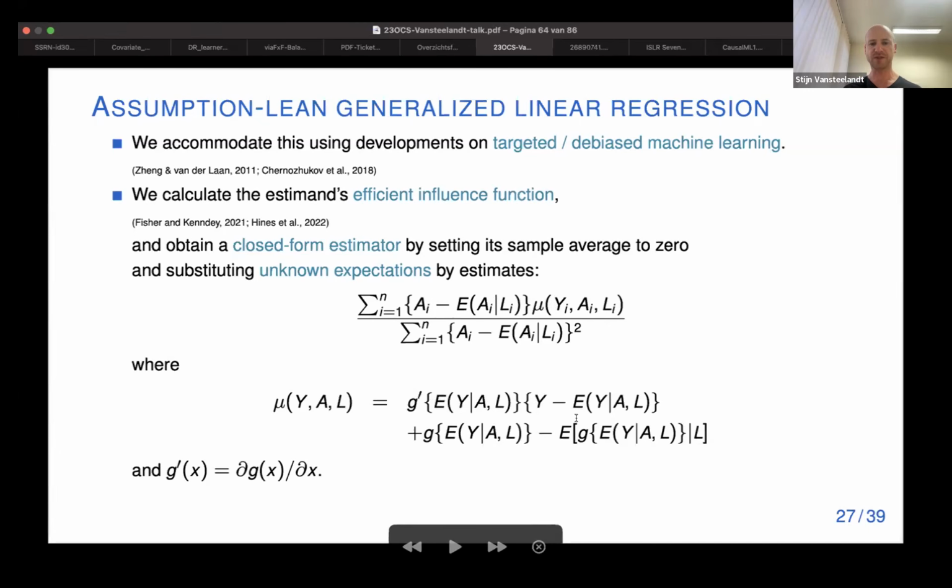Then we also have a residual for the mean outcome on the scale of the link function. In practice, we would substitute all of the unknowns, like the mean of A given L, the mean of Y given A and L, and this expectation given L, by estimates that we could obtain by fitting flexible parametric models, perhaps with variable selection, or using machine learning strategies.